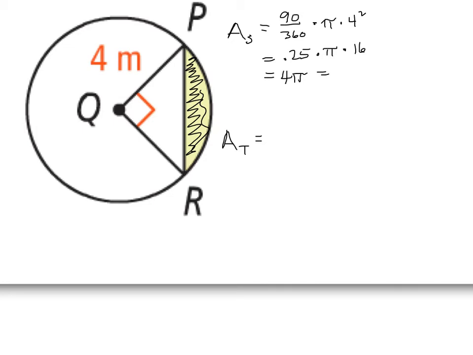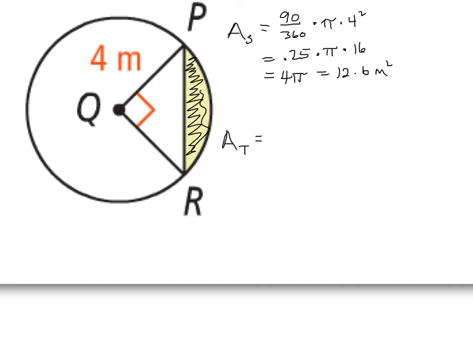If I figure that out rounded to the nearest tenth, it's 12.6, and in this case it is meters squared. So the area of the sector is 12.6 meters squared. That's the area from P to Q to R around the outside of the circle.